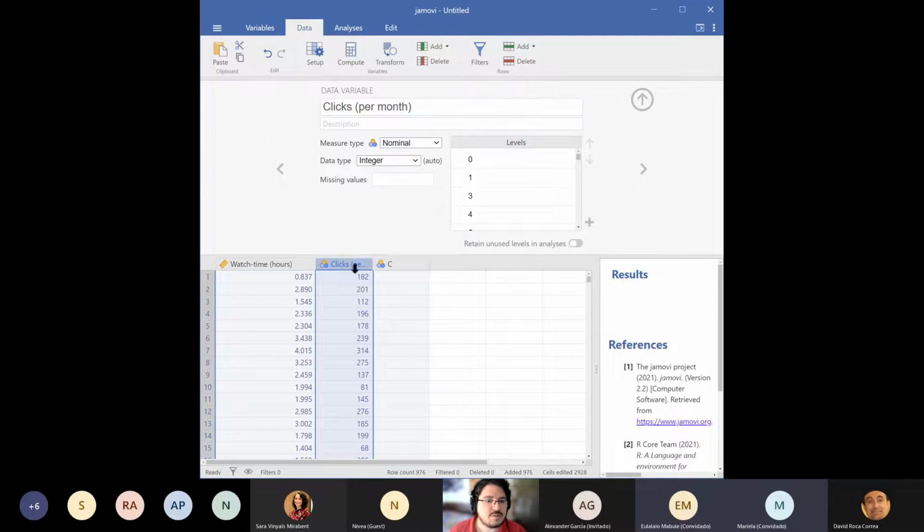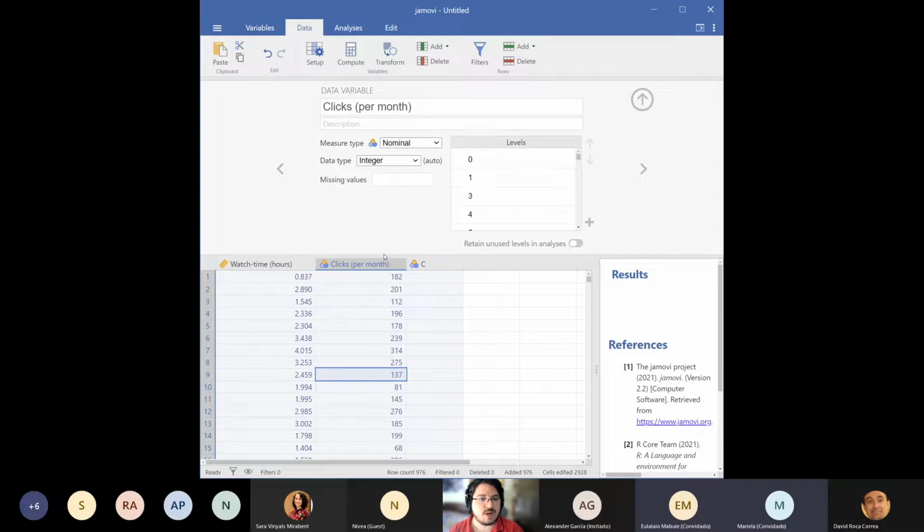You can consider it either way, but clicks per month probably makes sense to be the observable variable. The thing that you are interested in, the thing that you want to learn more about. So this would be your observable or dependent variable.